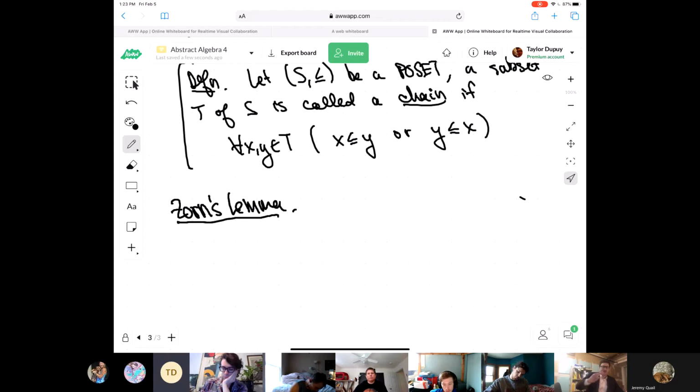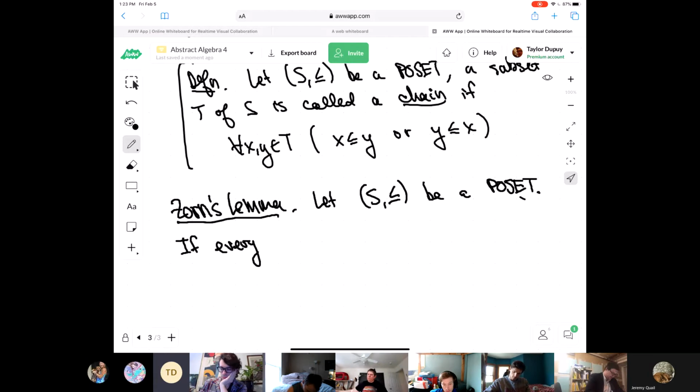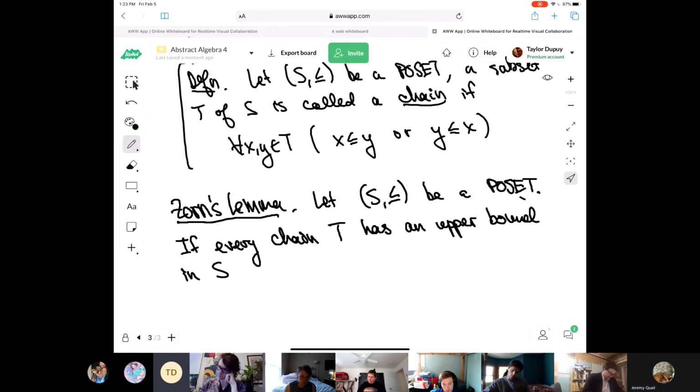If every chain has a bound in S, not necessarily in the chain, then there's at least one maximal element in the set S. If every chain T has an upper bound in S, it's important that it's in S, not necessarily in T.